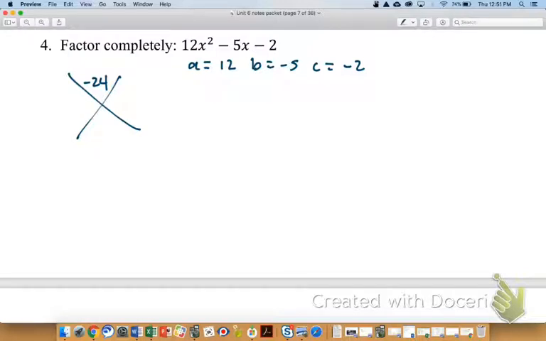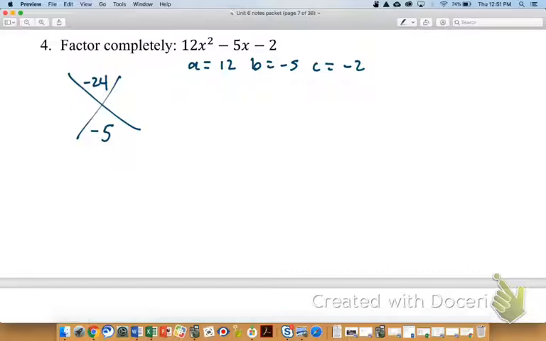What goes in the very bottom of the box, or of the X, excuse me? No? What goes in the bottom of the box, or the X? Negative 5.